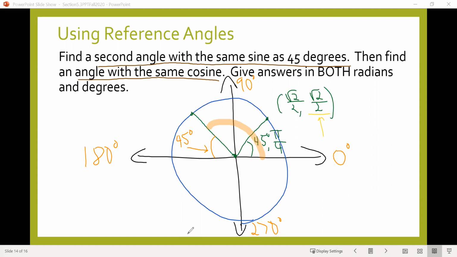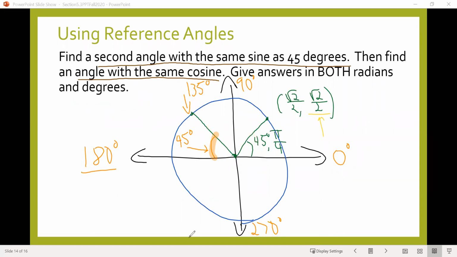However, this time 180 is larger, and we have to go back 45 degrees to get to the angle we're talking about. So if we do 180 minus 45, that would give us an angle measure of 135 degrees. So this one is 135 degrees.